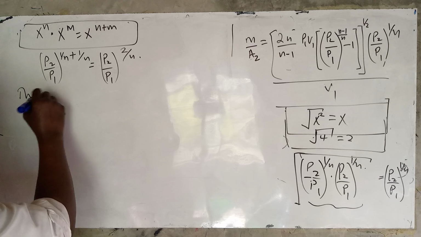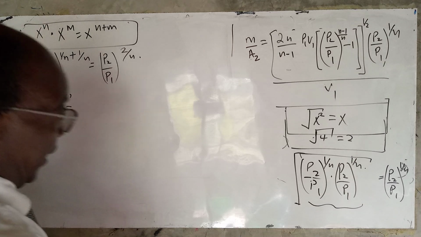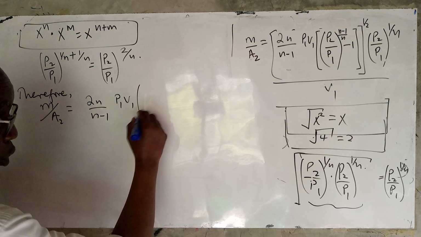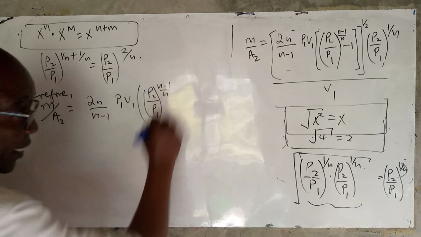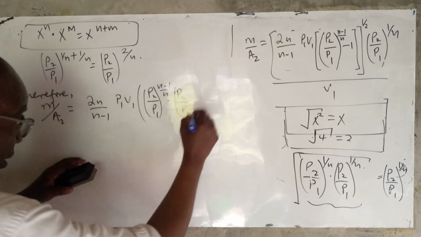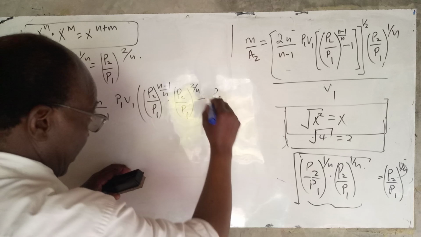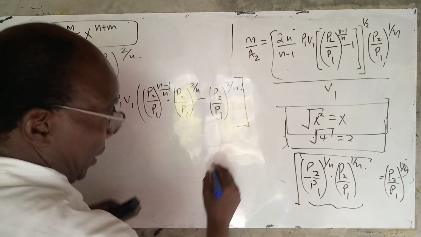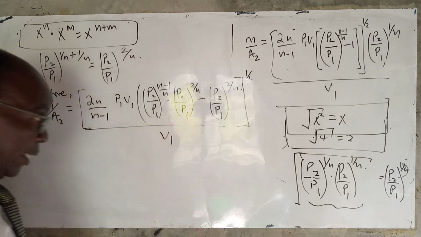Therefore, m over A2, that's the mass flow rate per unit area, will be the square root of 2n over n minus 1 P1 V1 into P2 over P1 to the n minus 1 over n, now times P2 over P1 to the 2 over n minus P2 over P1 to the 2 over n, that will be the value in terms of putting in that over V1.